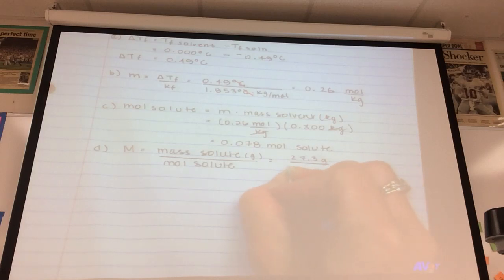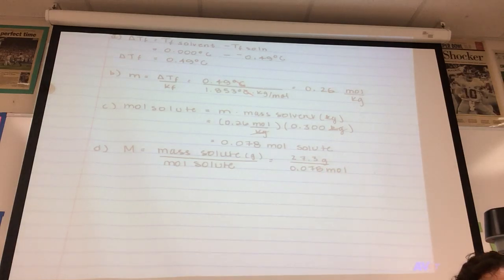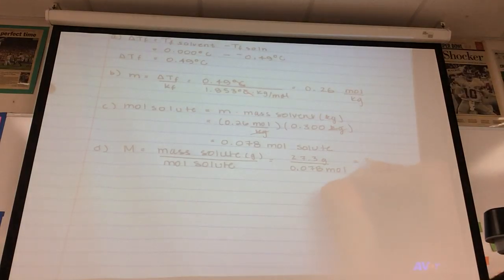We're going to divide that by 0.078 moles. And we have 350 grams per mole.